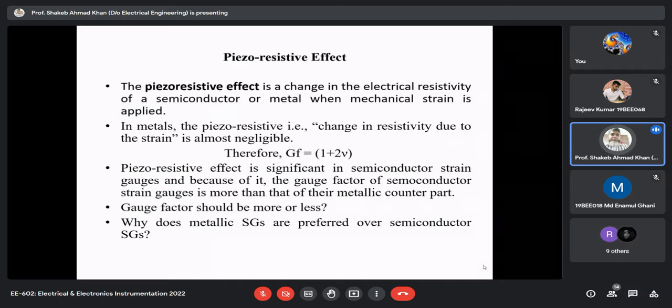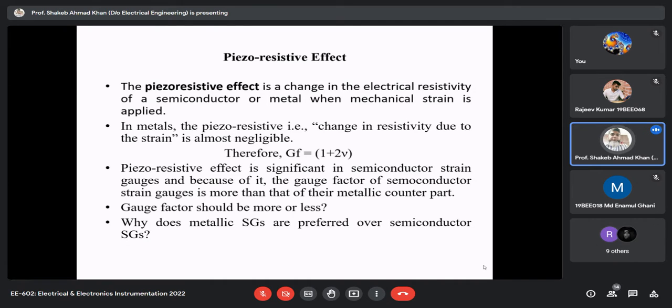Semiconductors are basically very sensitive to temperature. So the change in resistance will take place even if your strain remains the same, because of any temperature variation, and it will be more than the resistance change that takes place because of the change in strain.